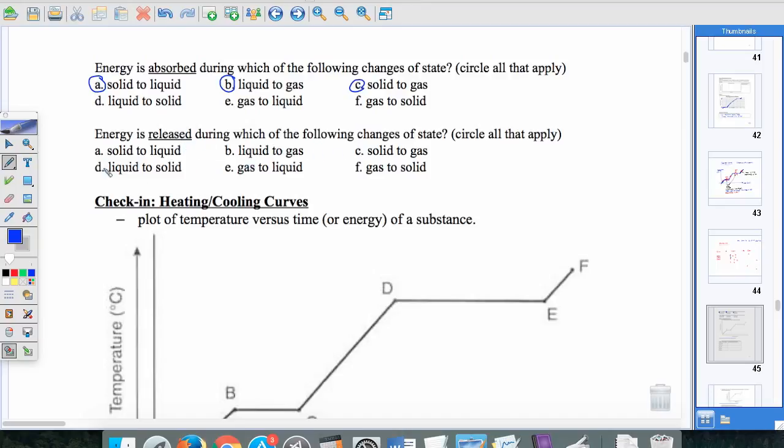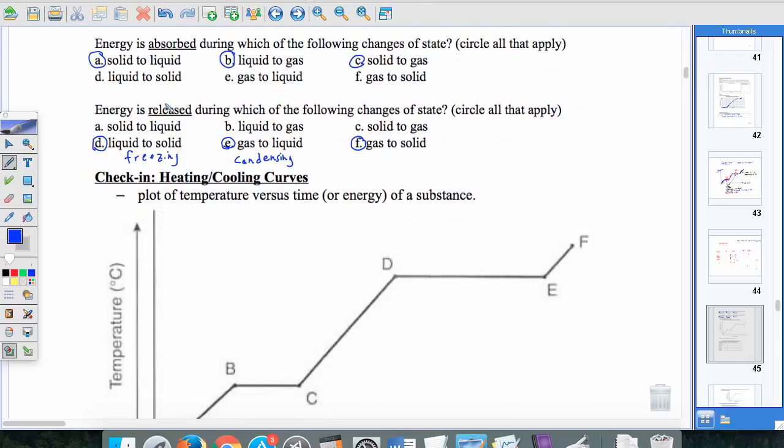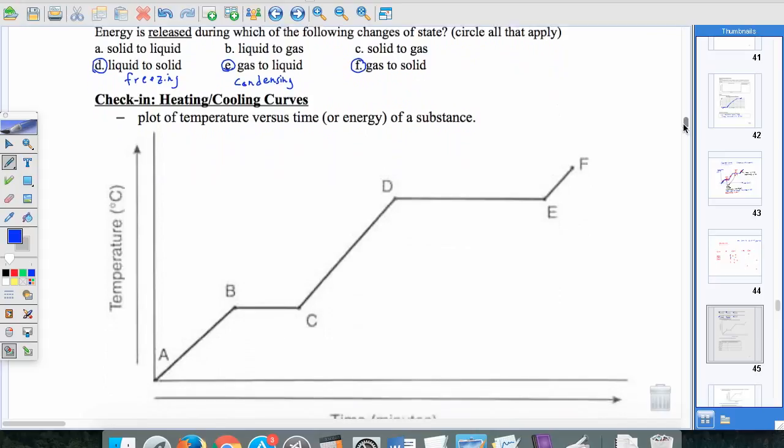It's released when you go from a liquid to a solid, like water freezing, or a gas to a liquid, like water vapor condensing. And again, gas to solid can also happen. That's called deposition, which I won't write because you don't really need to know it. So again, we need to release energy or take energy out in order to go from a liquid to solid. We need to take energy out to go from a gas to a liquid.